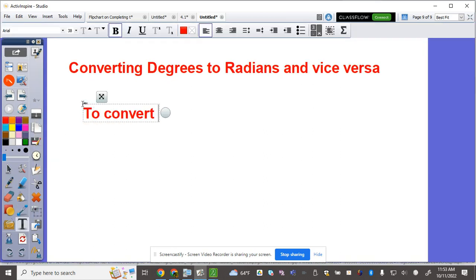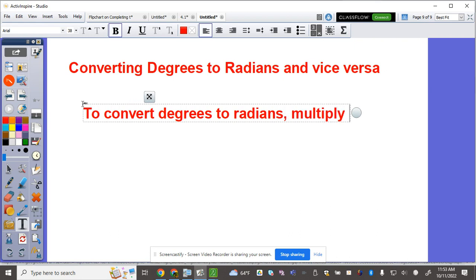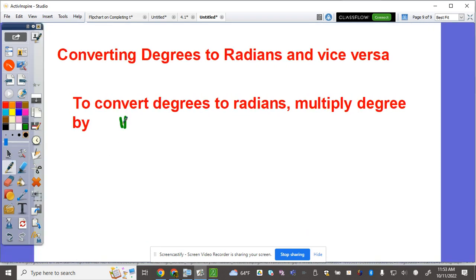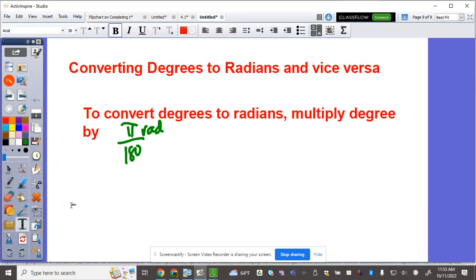To convert degrees to radians, here's the formula: multiply degrees by pi over 180 rad, because you're converting degrees to radians.